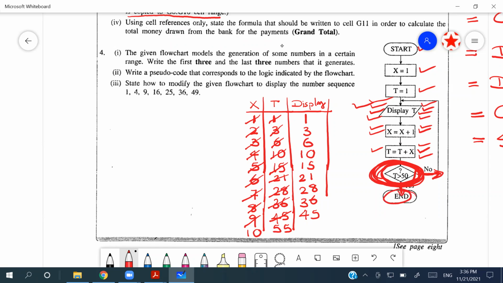So it ends. So our display is this. The first 3 displays are going to be these 3. The last 3 displays are going to be these 3. So 1, 3, 6 and 28, 36 and 45.